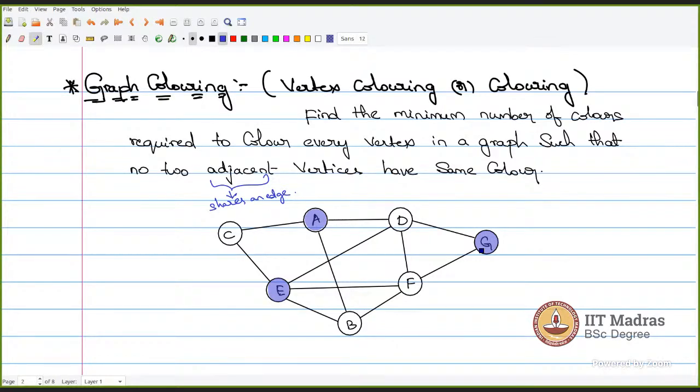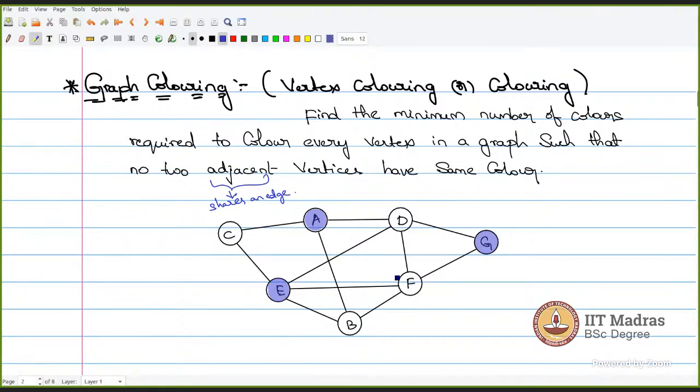Maybe you will give blue color to three vertices and red color to two vertices. And in another case, maybe you'll give blue color to two vertices and red color to three vertices. So it's a vice versa kind of thing. But why I started giving maximum vertices the first color is to avoid any complications. Okay, it doesn't matter.